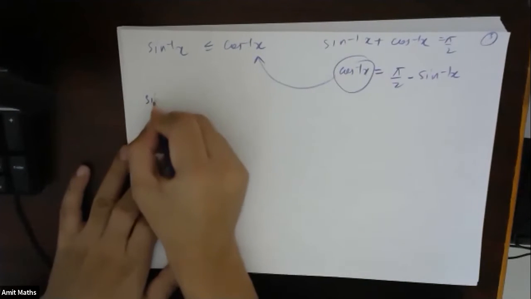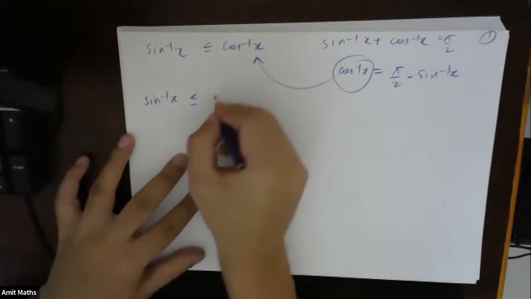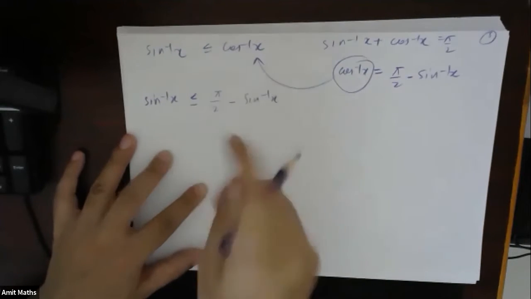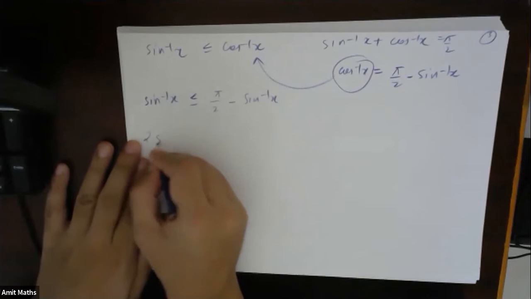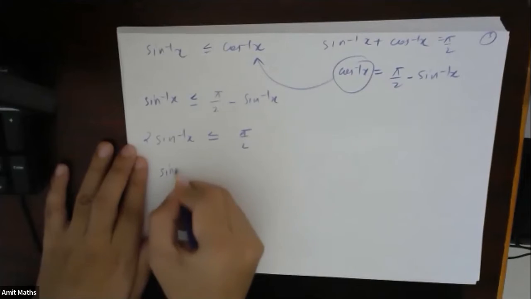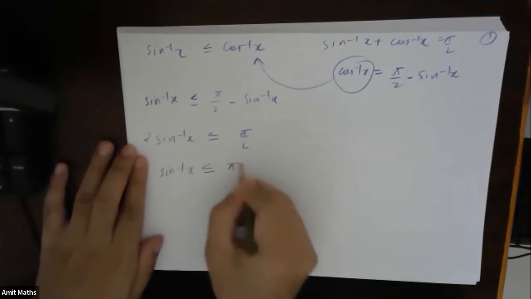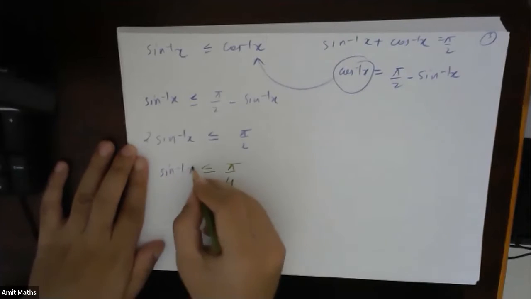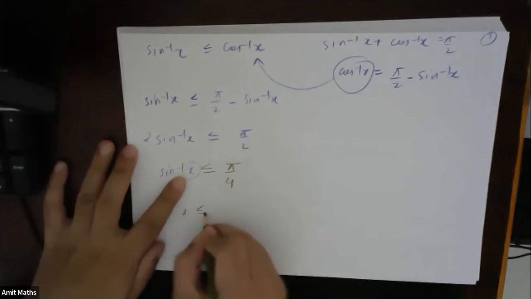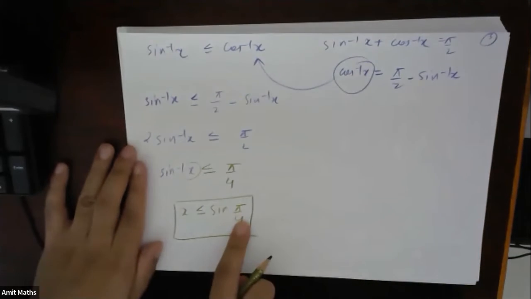So this becomes sin inverse of x is less than or equal to pi by 2 minus sin inverse of x. Simply I have substituted this value here. So this will become 2 into sin inverse of x less than or equal to pi by 2, so sin inverse of x less than or equal to pi by 4 because 2 will go to the other side. So x should be less than or equal to sine of pi by 4.